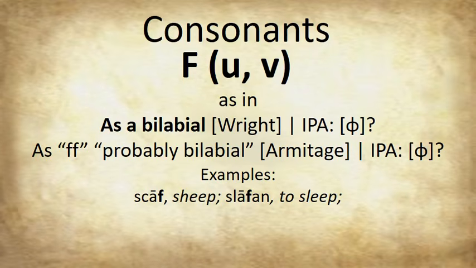So our next F sound is described as a bilabial. Armitage gives us this double F. I'm not too sure what he means by that. Perhaps just as in modern German or English, but both seem to hint towards a bilabial sound. This is not as an English F. Moving to our examples, scarf, slafan.